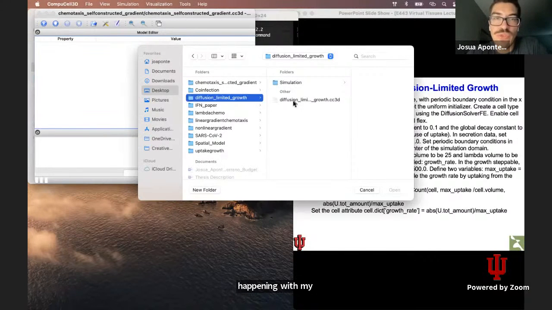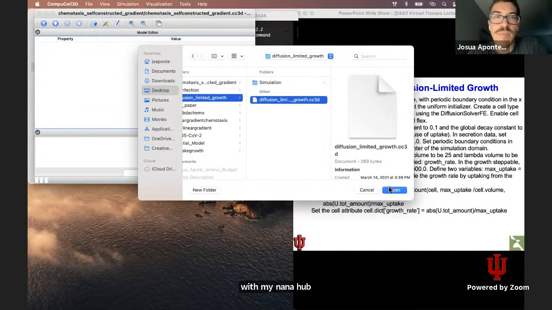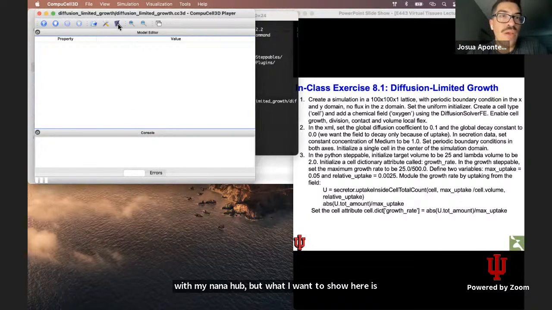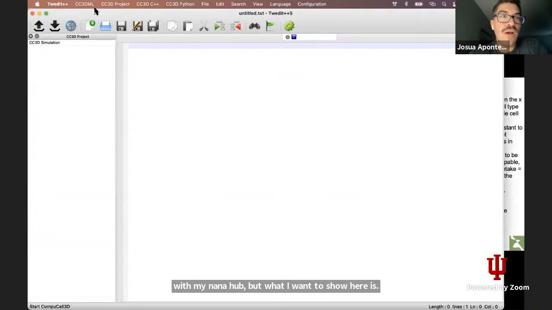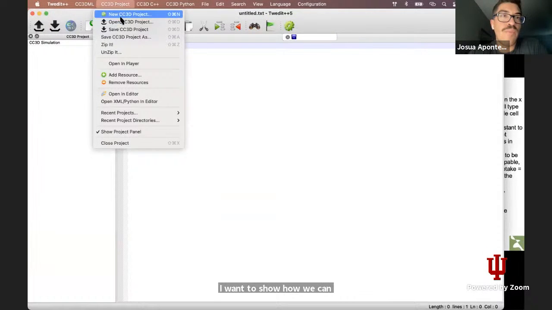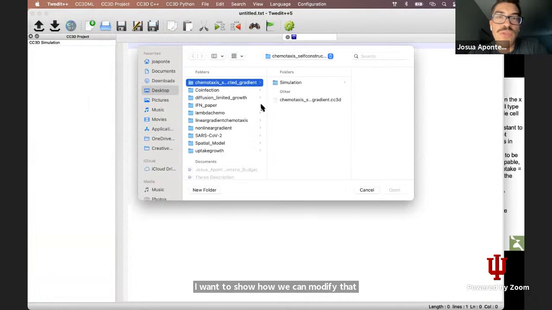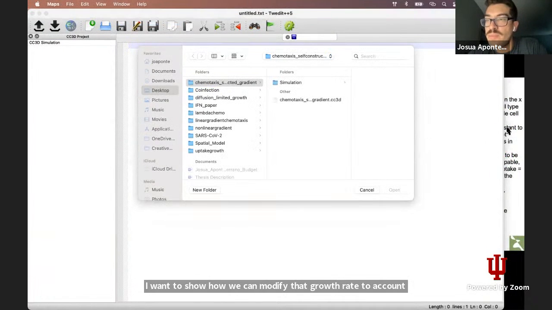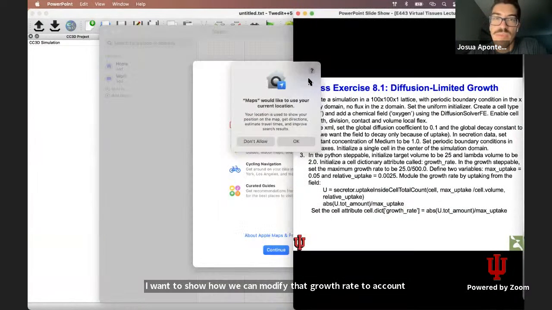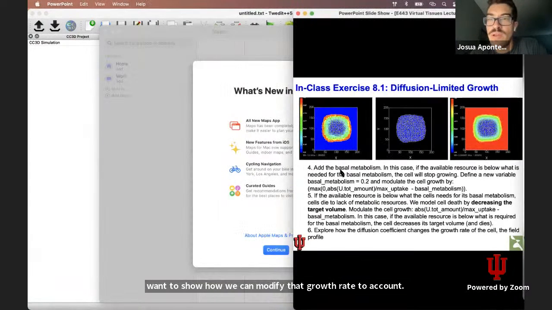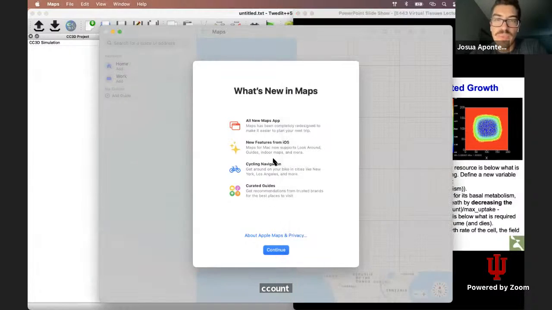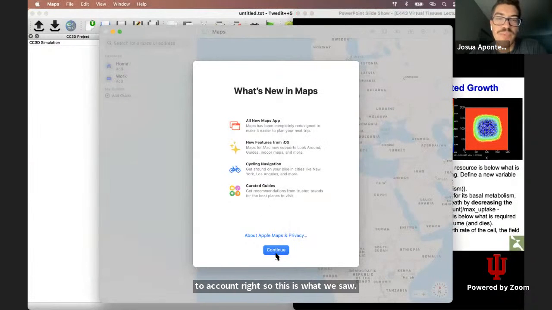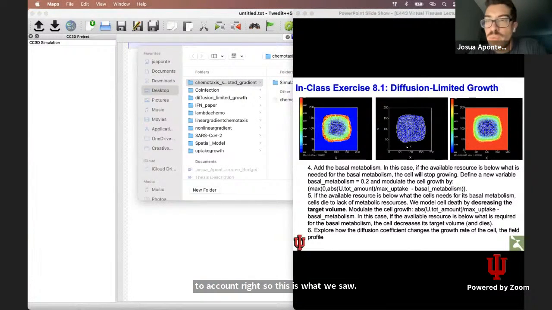NanoHub, but what I want to show here is how we can modify that growth rate to account. So this is what we saw, right?